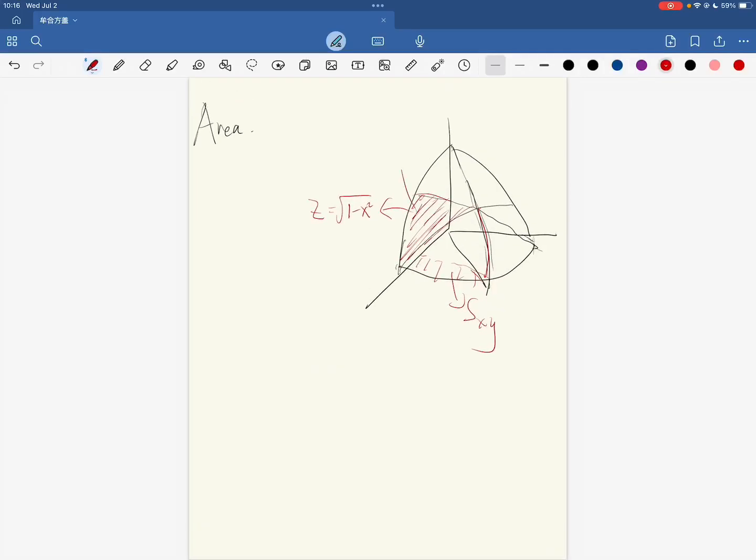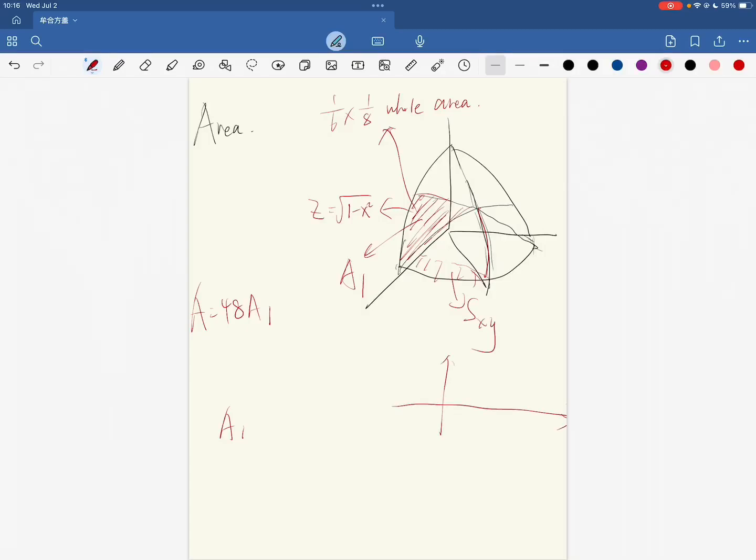This part is also, like we just said, a fraction of the whole area, and we regard it as A1, so A equals 48 A1. Now let's calculate A1.